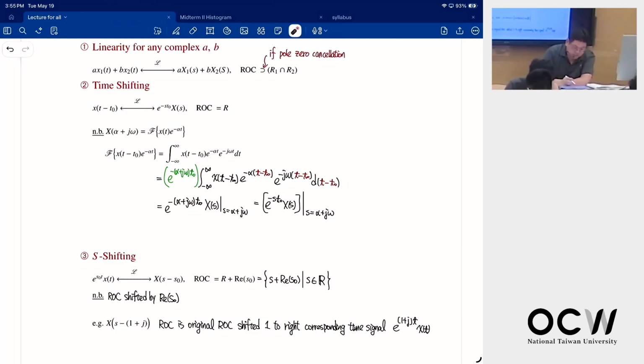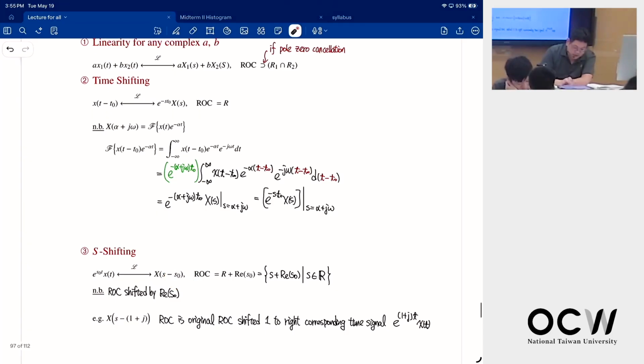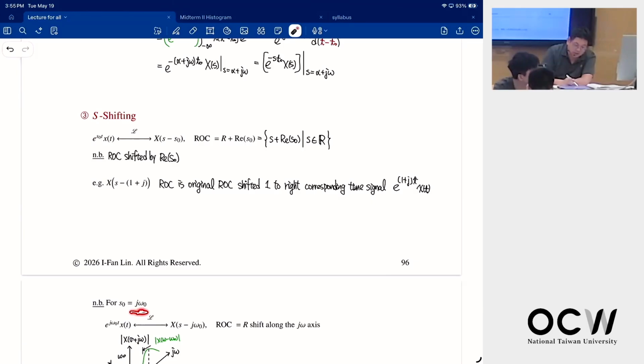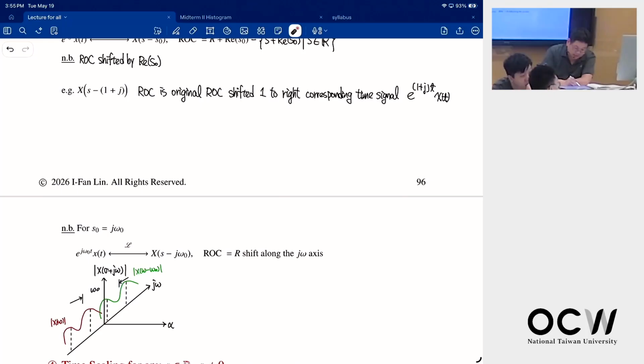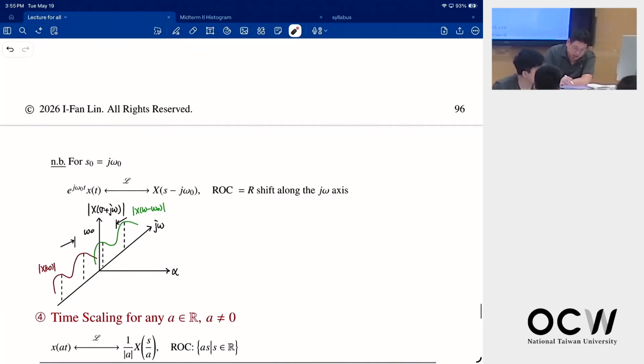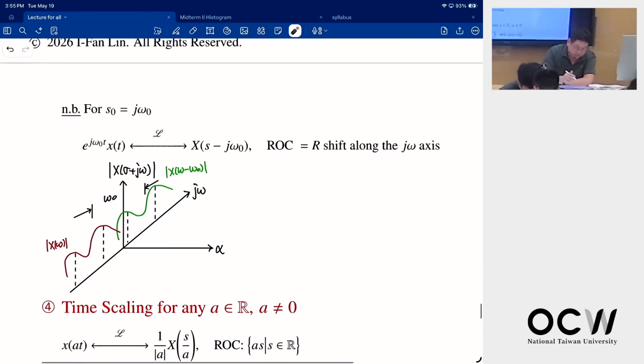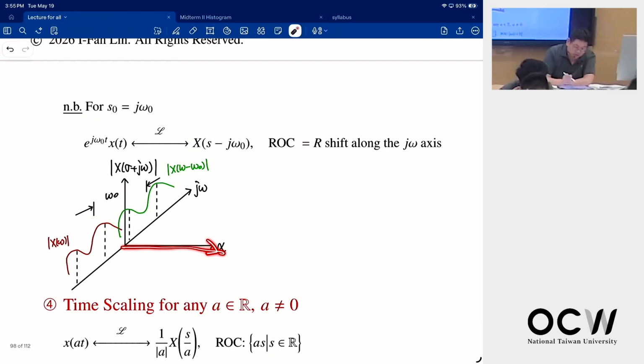Suppose S naught is just the imaginary value j omega naught, so there's no real part. Then if I shift by j omega naught, in the time domain I also do the modulation, e to the j omega naught t. And then the region of convergence is just shifted along the imaginary axis. For example, this is the real part and the imaginary part.